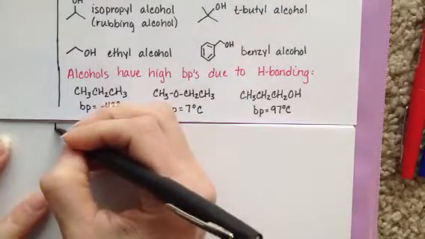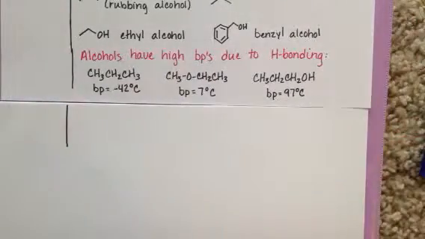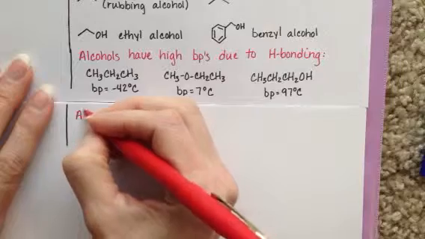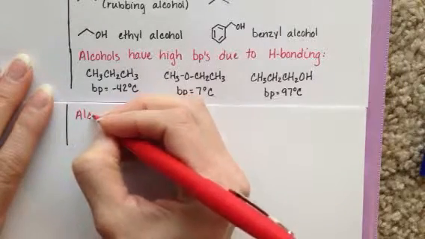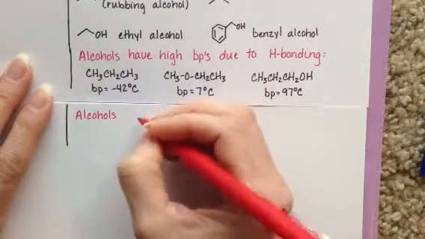Also in the lab, we want to consider the solubility of alcohols. And in general, as a rule of thumb, alcohols that have more than 8 carbons are insoluble in water, even though they have an OH group, which is polar.